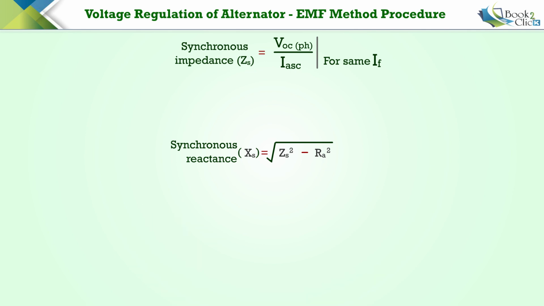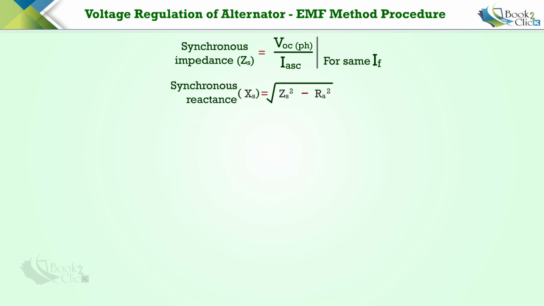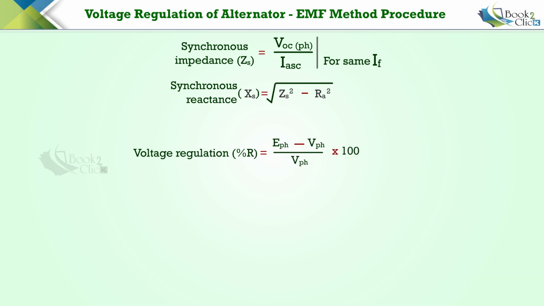We know that the formula to calculate the voltage regulation is induced EMF EPH at the armature winding minus rated terminal voltage VPH, divided by VPH. Here, we know the value of VPH and we should determine the value of EPH.